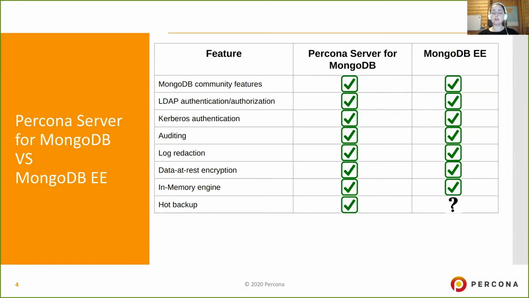Besides community features, we have added functionality such as LDAP authentication and authorization, Kerberos authentication, auditing, log redaction, and data at rest encryption. We have our own in-memory engine and also hot backup, which isn't openly accessible in the Enterprise version, but is implicitly available via Ops Manager.